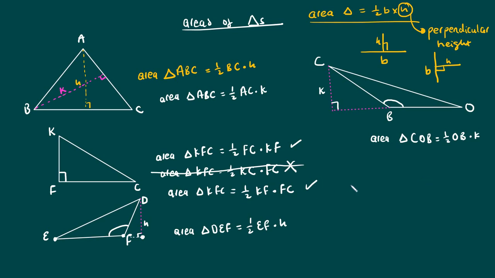If you can remember, the area rule says that the area of a triangle is equal to half AB sine theta. AB are the lengths of the two sides. This would be A, this would be B. Theta is the angle in the middle, okay? It's the angle in the middle.